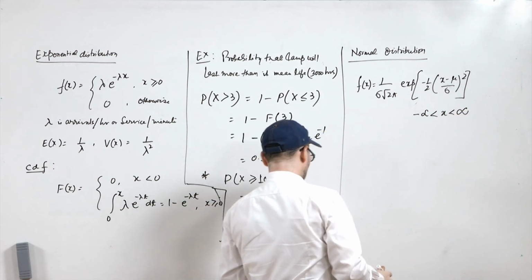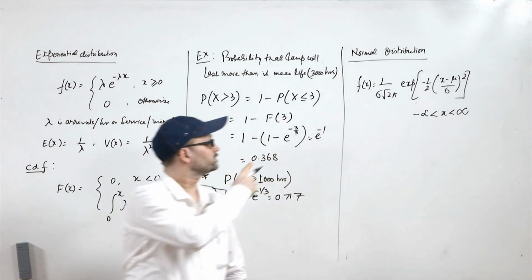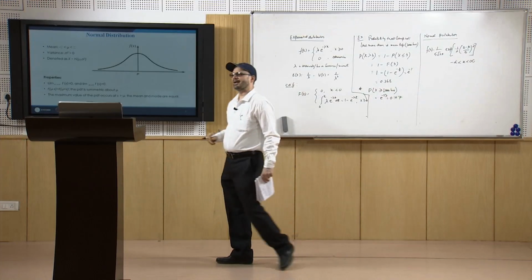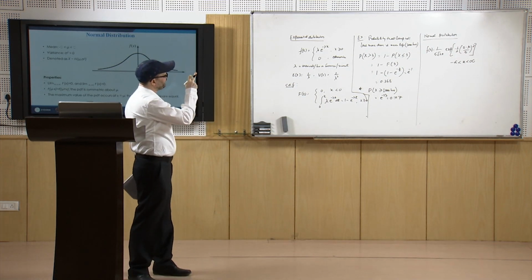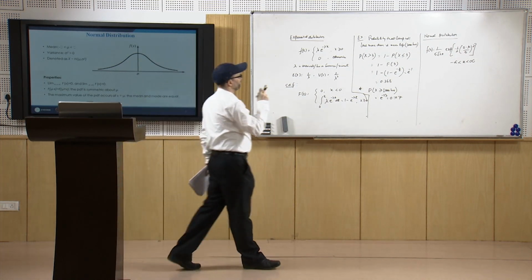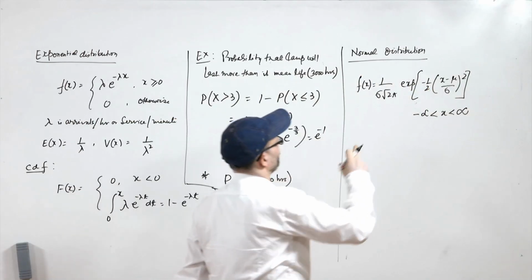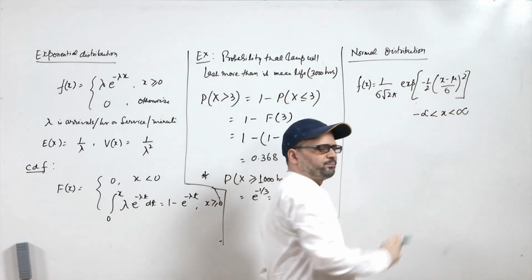This is the probability density function, and you can calculate the probability value for any value of x when you know mu and sigma.